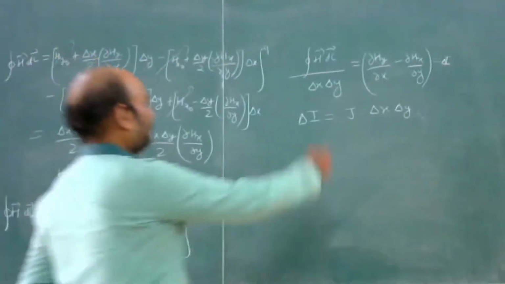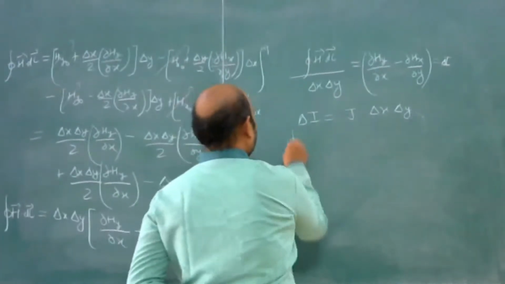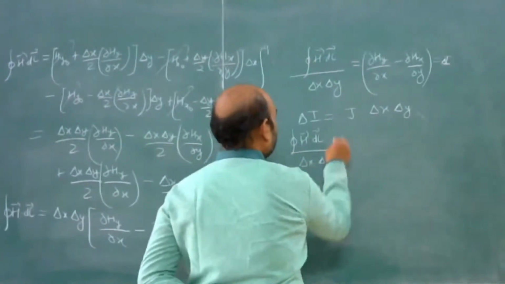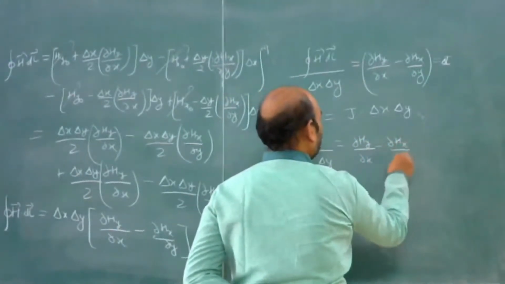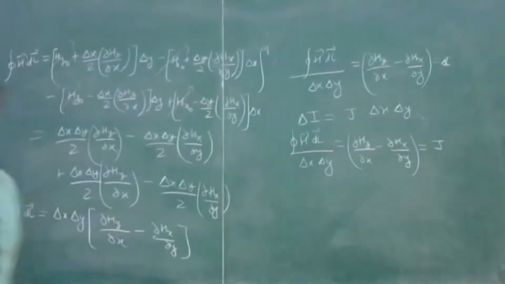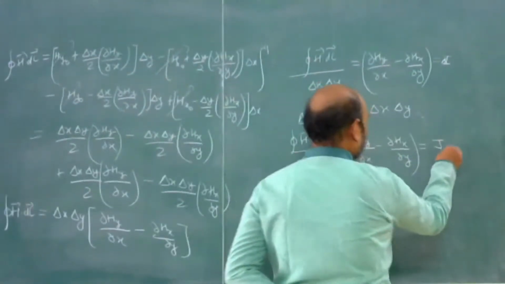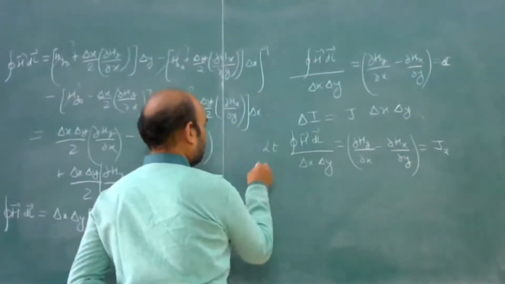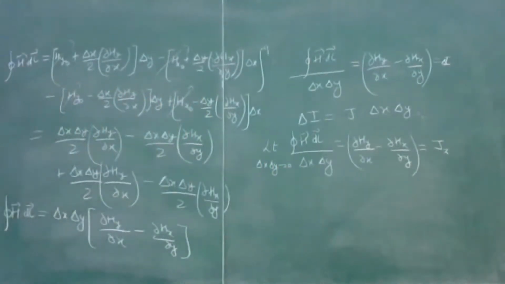Okay, and this is I, so I upon area will be equal to J. So H dot dl upon delta x delta y is equal to del Hy upon del x minus del Hx upon del y, which is equal to Jz. So this will be in the z direction. And we are assuming that delta x delta y tends to zero. This is a very small area.